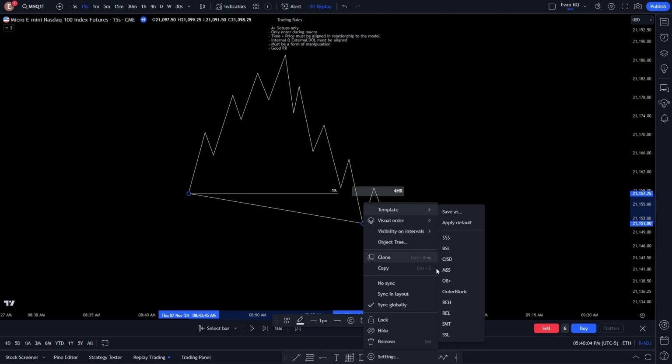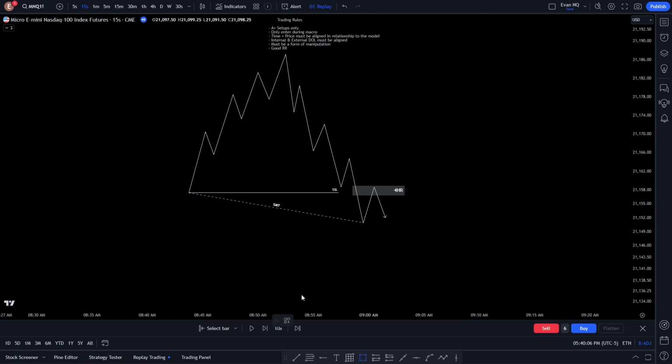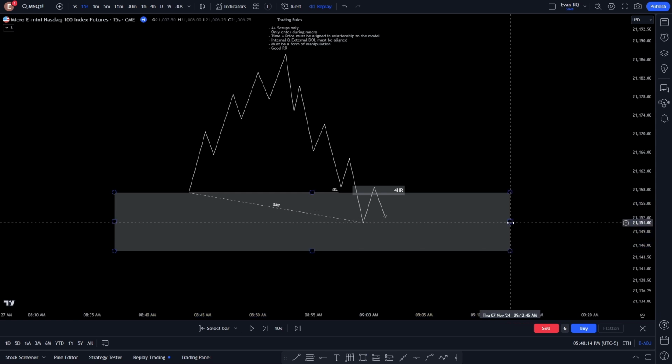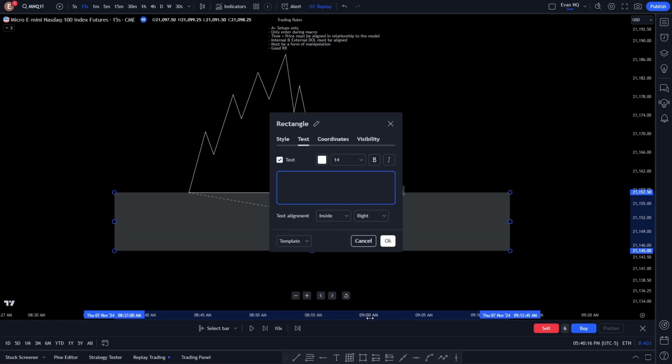There's an SMT, and we're in a daily fair value gap, or weekly.